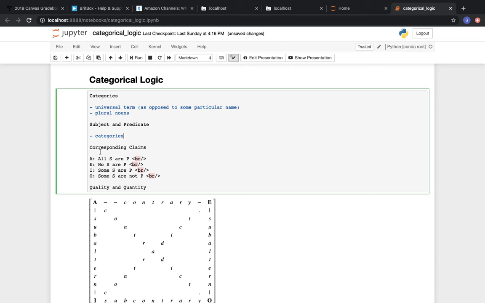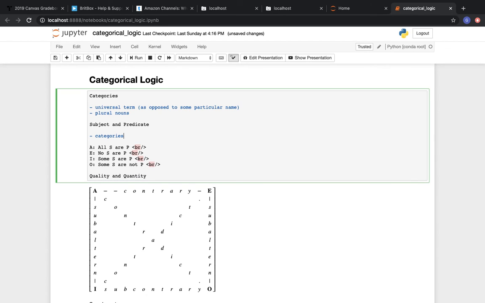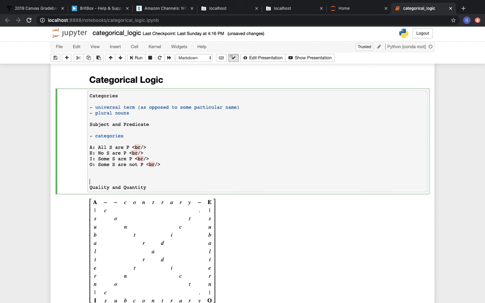And the four types of claims, I'm going to go ahead and move this down a little bit lower. The four claims will look like this. Some claims will have this form, all S are P. I'm using S and P for subject and predicate, respectively. But remember, those are just categories. Those are just plural nouns.